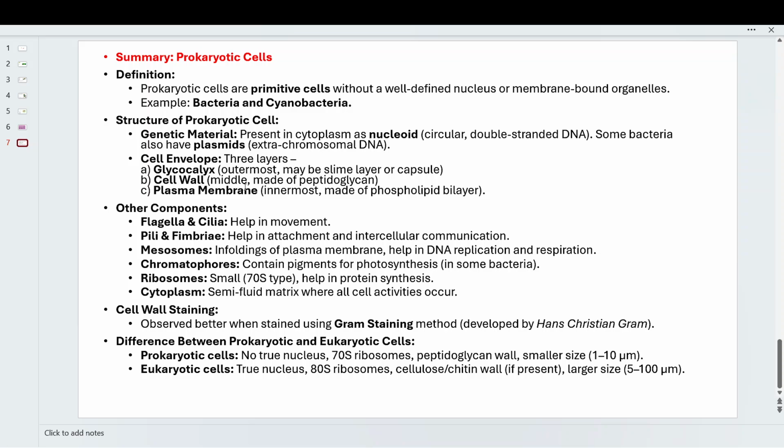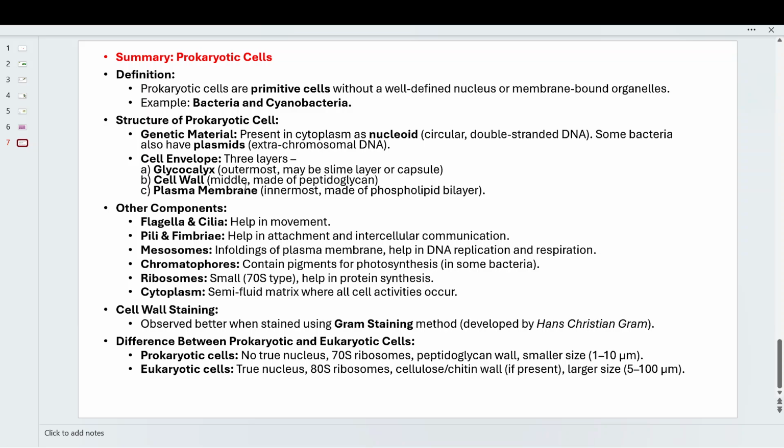They form the basic and ancient design of life, from which more complex eukaryotic cells evolved later. The definition of prokaryotic cell: it is a primitive cell without a well-defined nucleus or membrane-bound organelles. Best examples are bacteria and cyanobacteria.